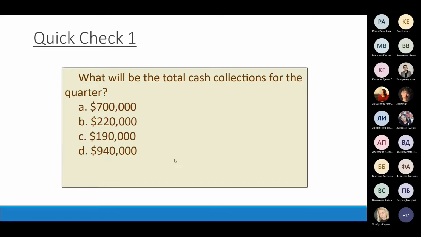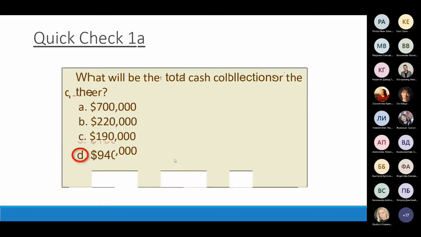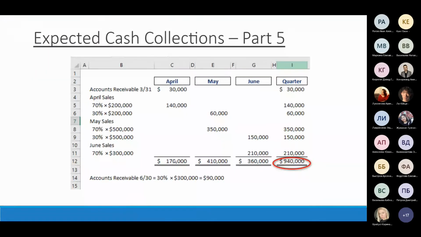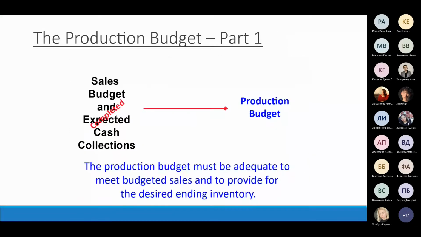So when we calculate this, we know that some amount will be left for the next period, and therefore our actual sales are not equal to our cash collections. So when our sales budgets are prepared and expected cash collections are calculated, you have to make the production budget.